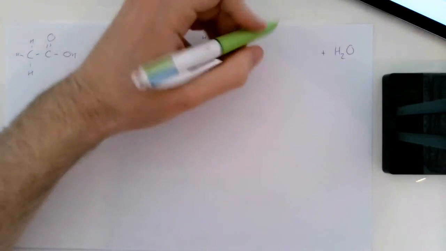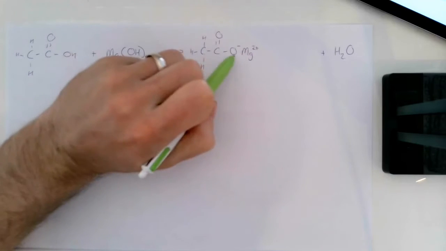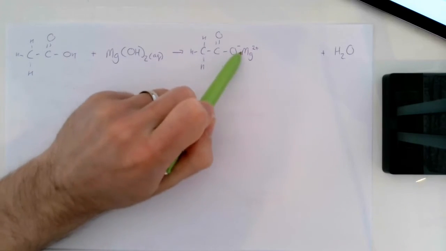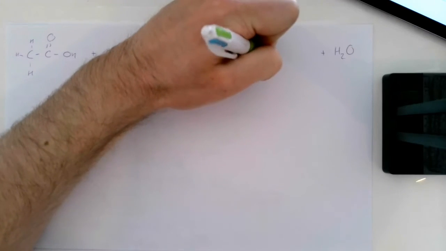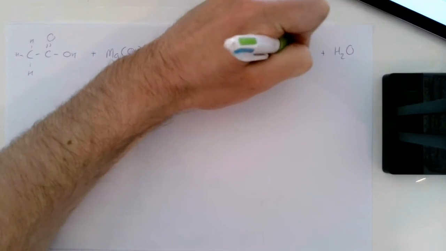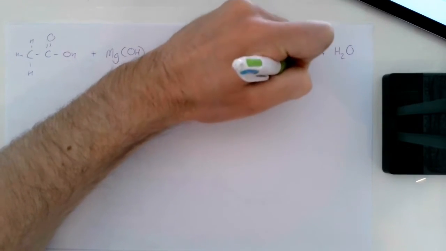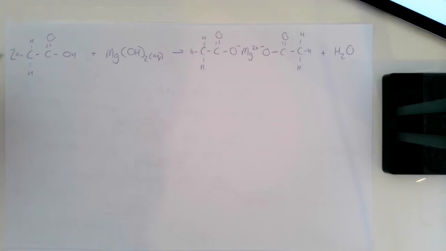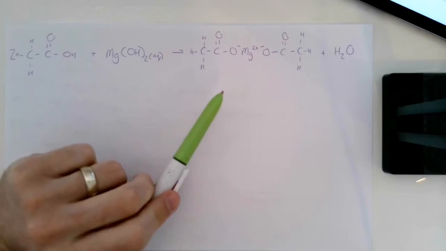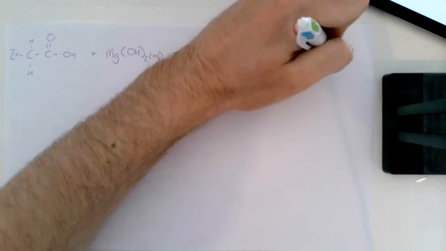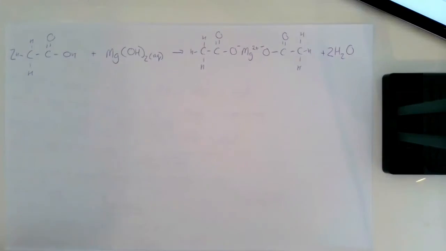So actually what happens in this sort of situation, instead of having just one acid attached to the magnesium, you'd end up with two acids attached. So it looks a little bit like that. So we need to balance it accordingly. But that would be what would happen in this case. I think we need a 2 there as well to get the equation balanced.